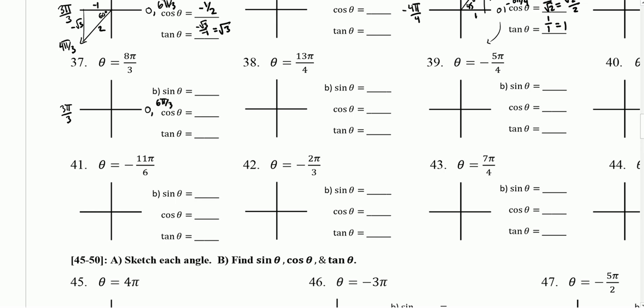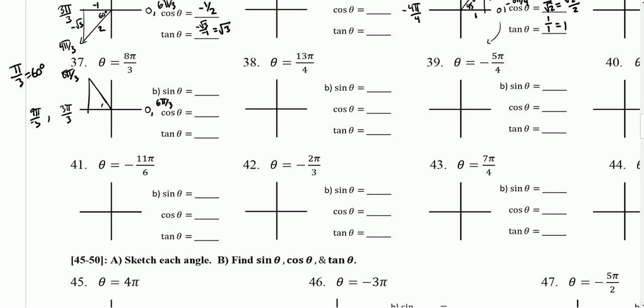Add another 9 pi over 3. So 8 pi over 3 is in quadrant 2. And the reference angle is the difference between 8 and 9, which is pi over 3, which is 60 degrees.